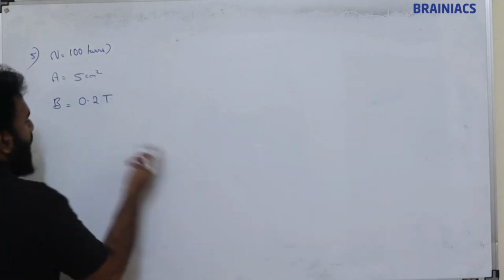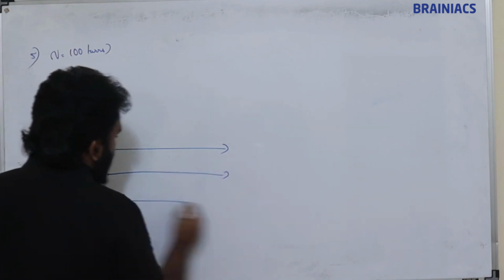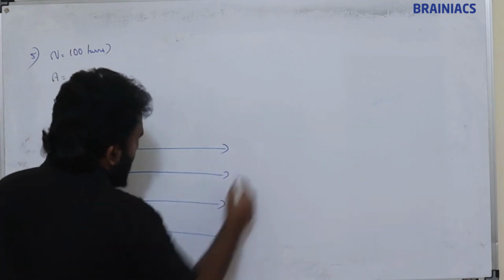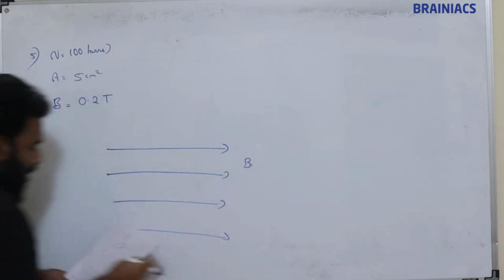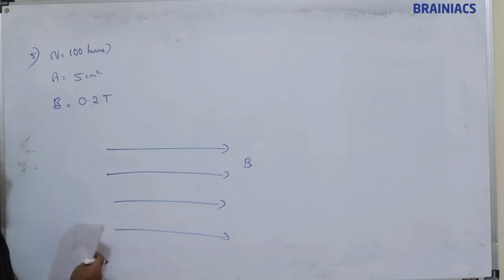So suppose this is the direction of magnetic field. The area is placed in an external magnetic field in such a way that it makes an angle 30 degree with the field direction.